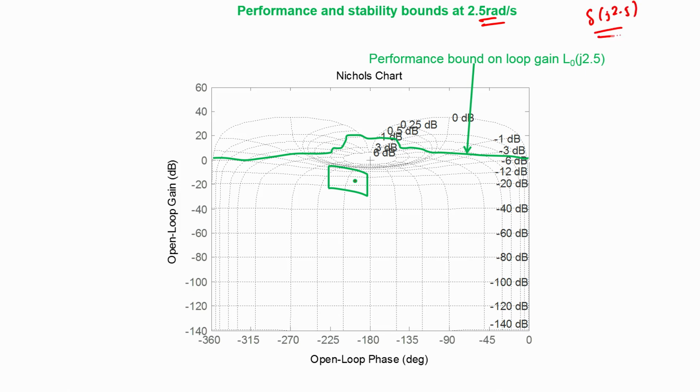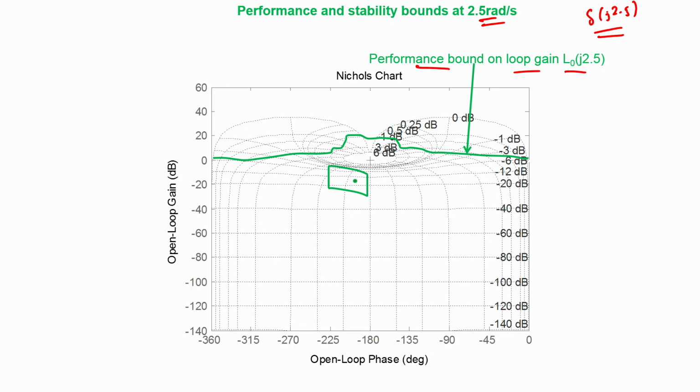So delta J of 2.5 can be found from the Bode plot that we drew at the beginning of this clip, and then we can determine where the loop gain has to lie in order for the difference between T1 upper and T1 lower in the logarithmic scale to be within the number delta at 2.5 radians per second, and the boundary of that region is given by this green curve here, and it represents the performance bound at 2.5 radians per second.